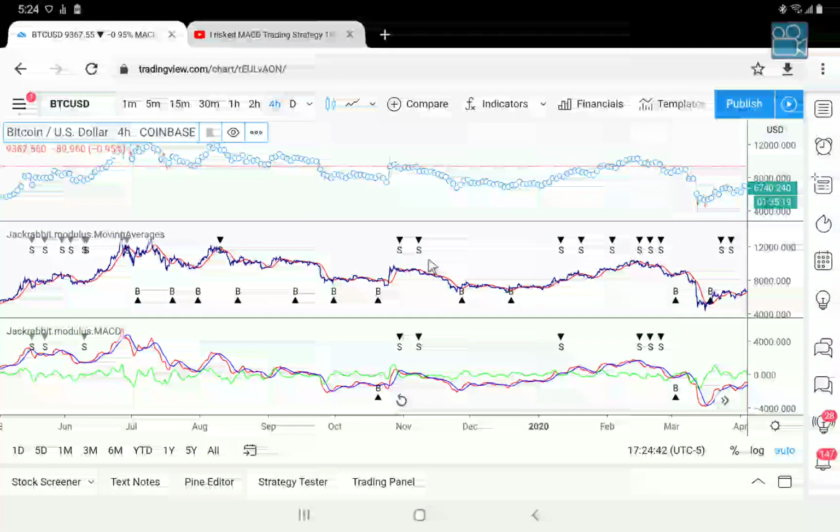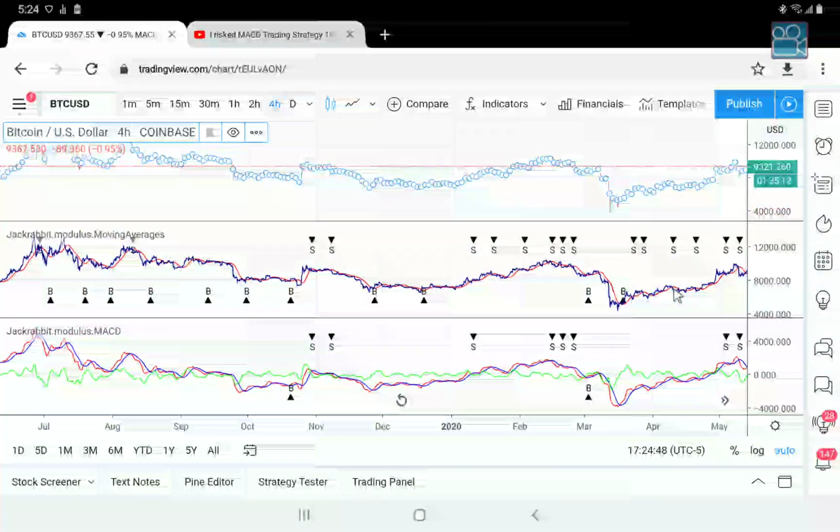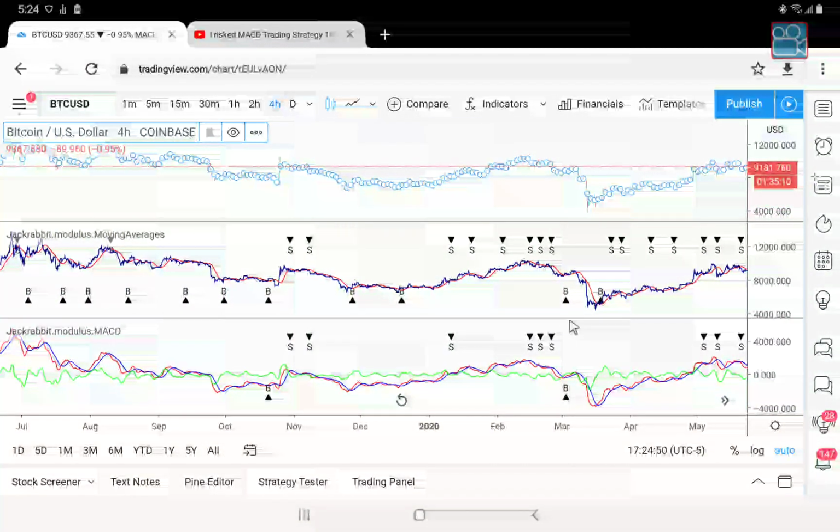Let's go back a little bit. Here's the entire Black Friday mess. Now, it buys here, it buys here, only buys here. Then it sells here, but this is a profit. So it's actually making a profit here, even though you don't see it all that well.